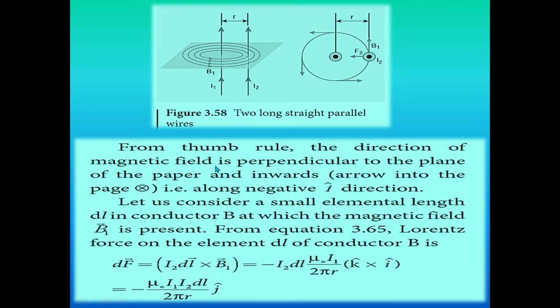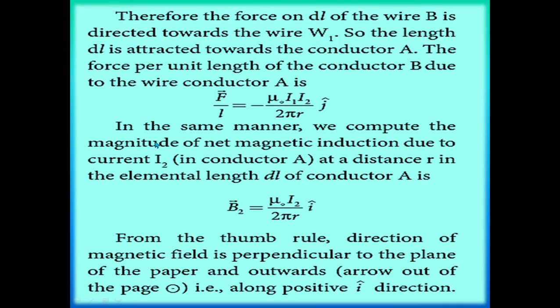From the thumb rule, the direction of the magnetic field is perpendicular to the plane of the paper and inward for the conductor A. Here this is the outward direction, the outward arrow along the positive i cap direction.